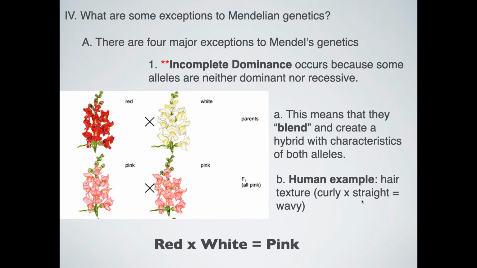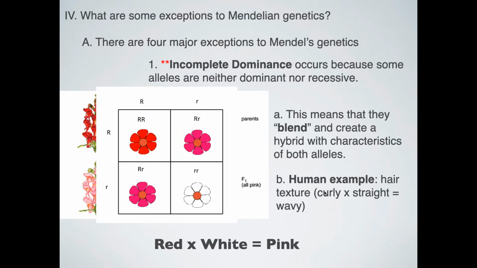That's incomplete dominance. In a Punnett square, if you had two pink parents, you could end up with 25% of their offspring being red flowered, 25% being white flowered, and about 50% looking exactly like the parents and being pink.